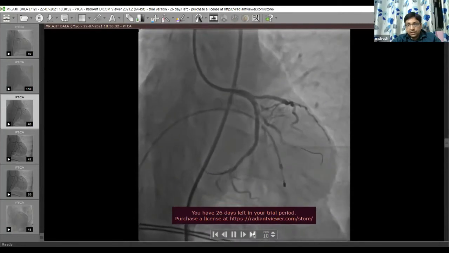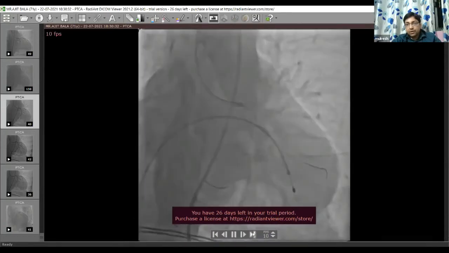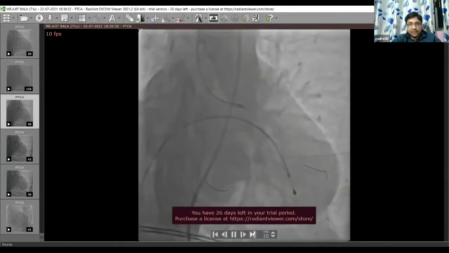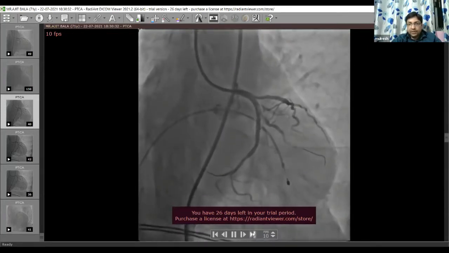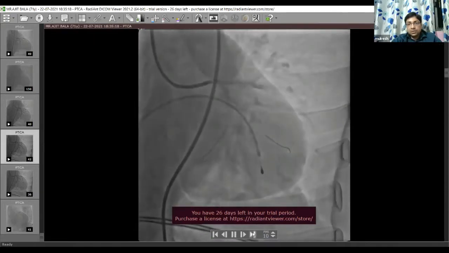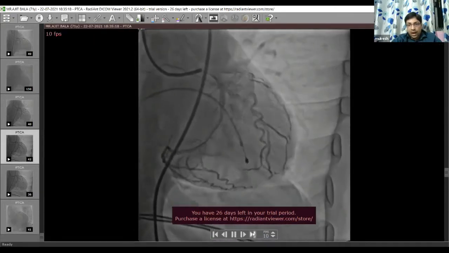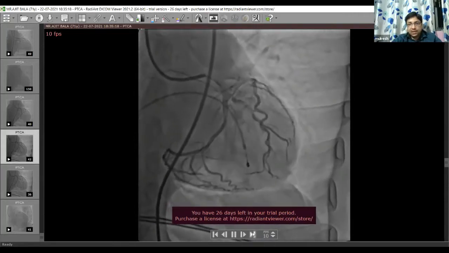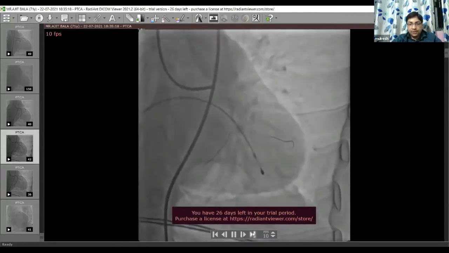After doing the kissing balloon inflation, there is some flow in the side branch. So at this stage, I feel there is some betterment from the previous stage. So I think that I can leave at this stage so that the patient does not deteriorate further.